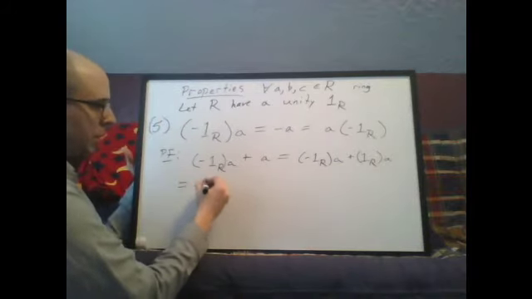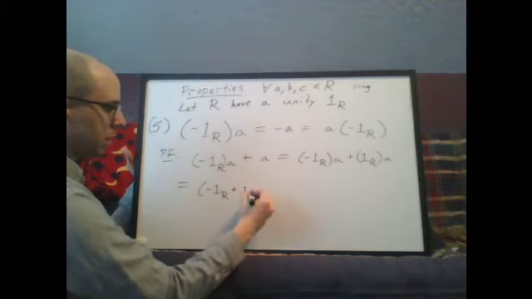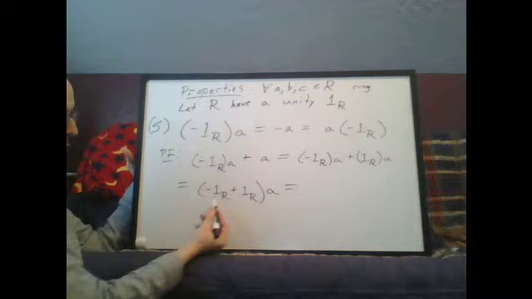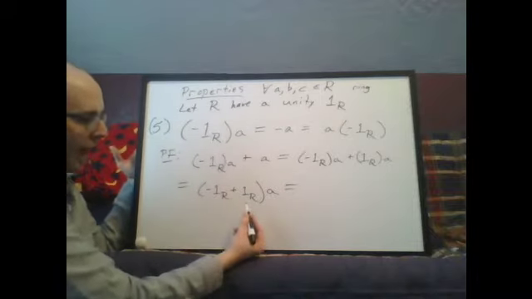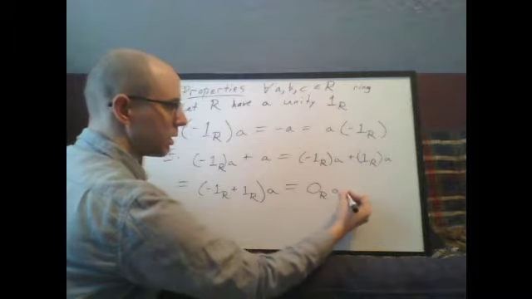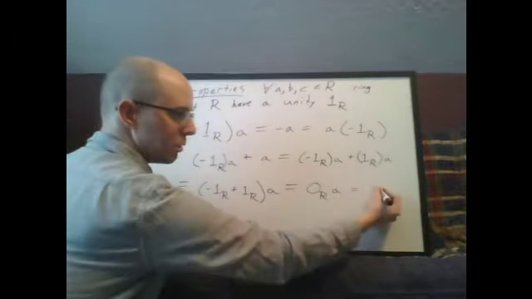So I can pull that A out and have -1 plus 1 quantity times A. -1 plus 1, those are additive inverses of each other, so that's 0 times A. And from our first property, 0 times A is 0.